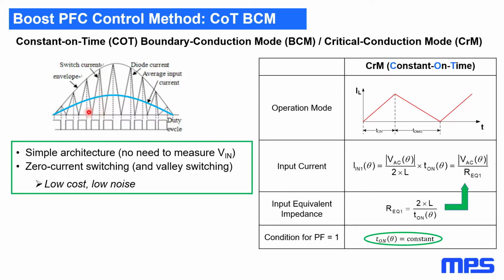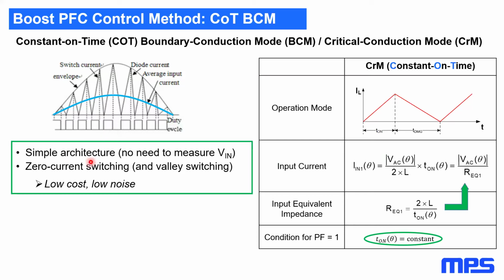Instead, just by ensuring a constant on time and the critical conduction mode, you will, as a result, automatically get a sinusoidal input current in phase with the voltage. So this is a very simple architecture. Simple means usually low cost, so this is a good thing.